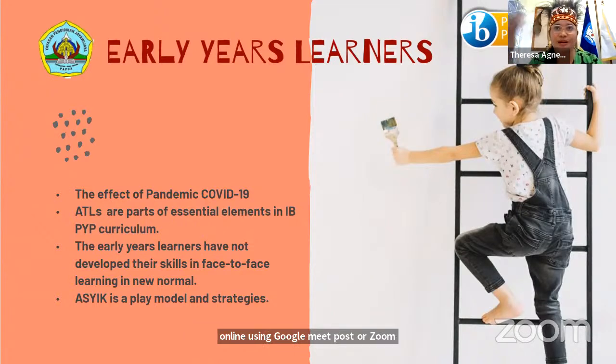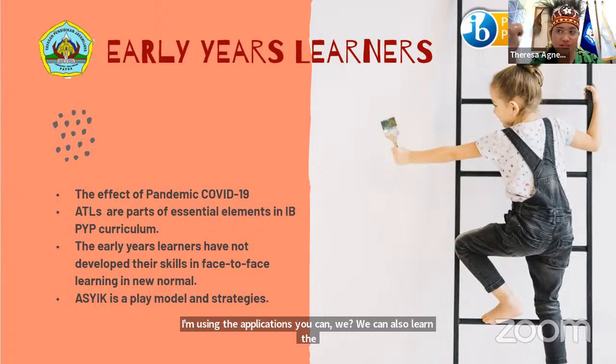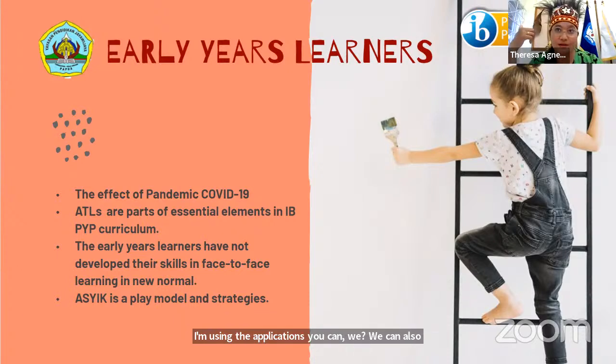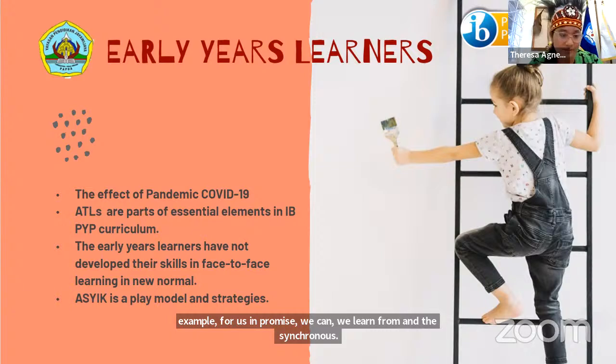We just talk and play and interact with others using the technology, using tablets, laptops, handphones, and using the applications. We can also learn asynchronous and synchronous learning. For example, for asynchronous, we learn from Seesaw, and for synchronous we just learn from Google Meet, and it happens.